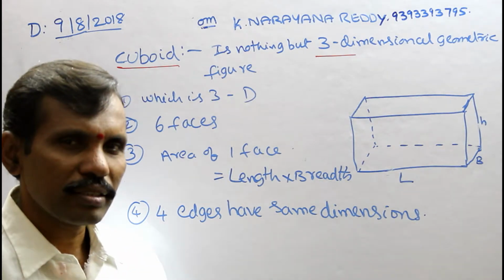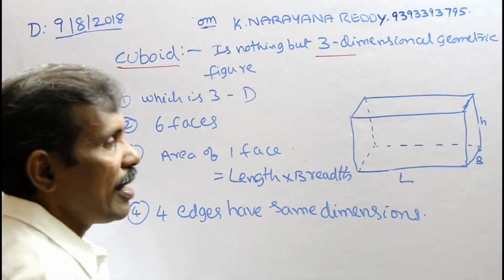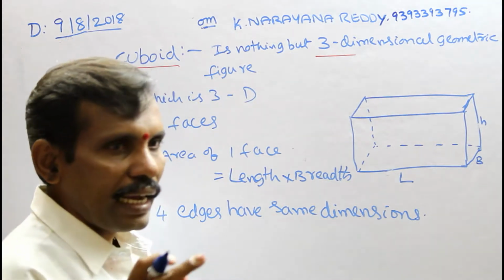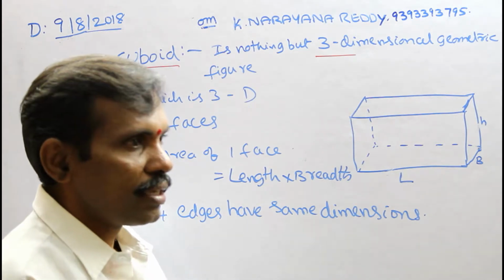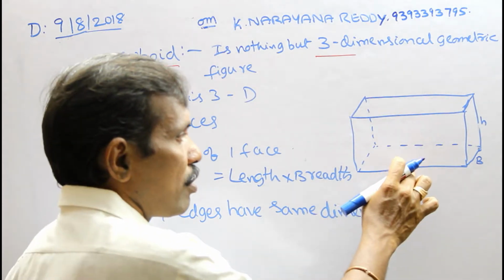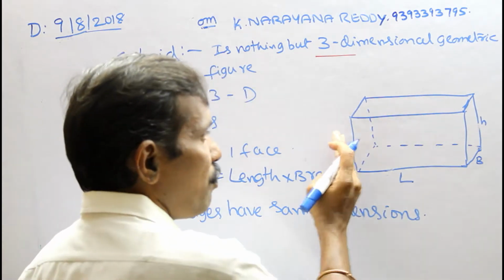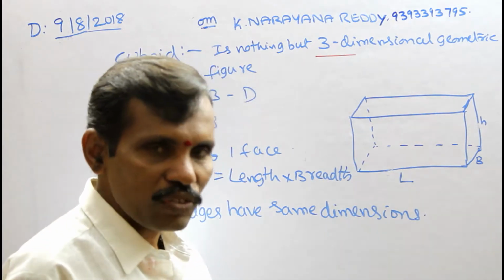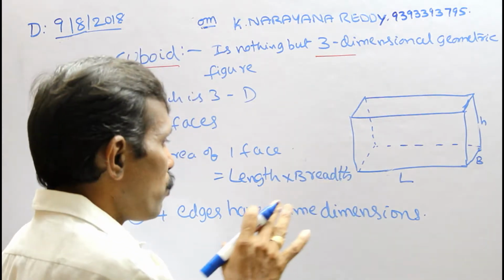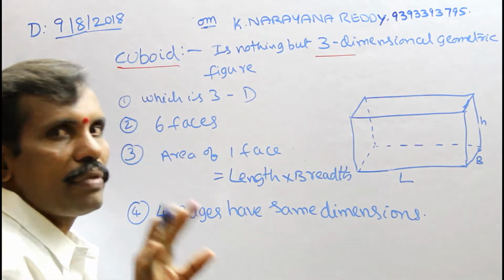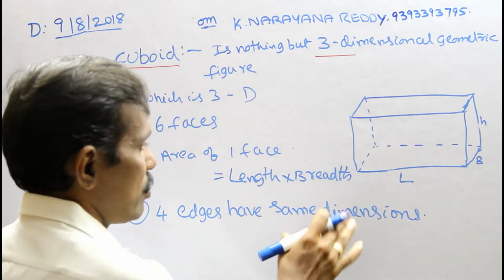That means what? Here you see, what is a rectangle? A rectangle contains length and breadth. Bottom and top are the same for a rectangle. Left and right are the same for a rectangle. So that is why there are totally 4 edges having the same dimensions. That is about this.